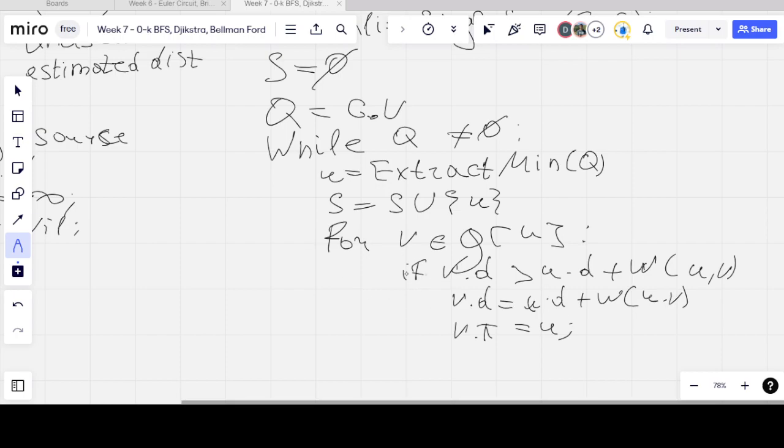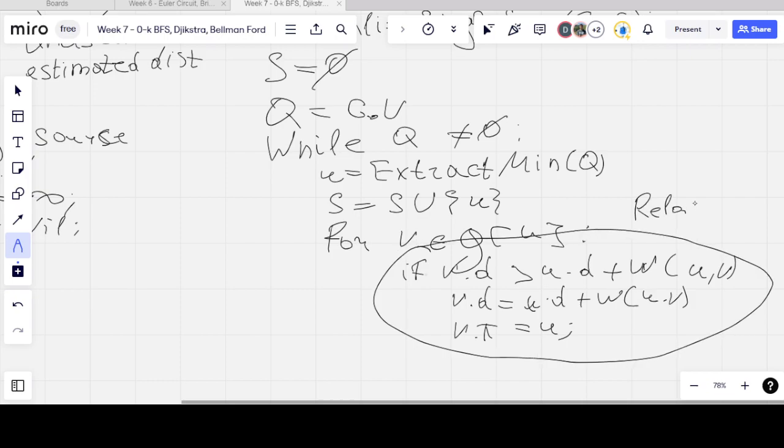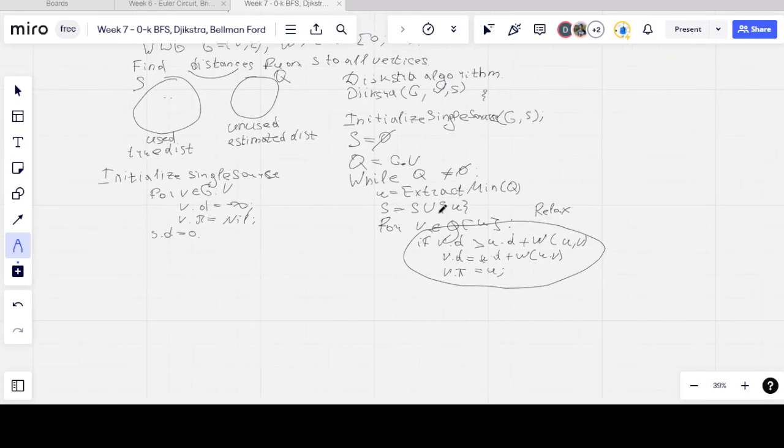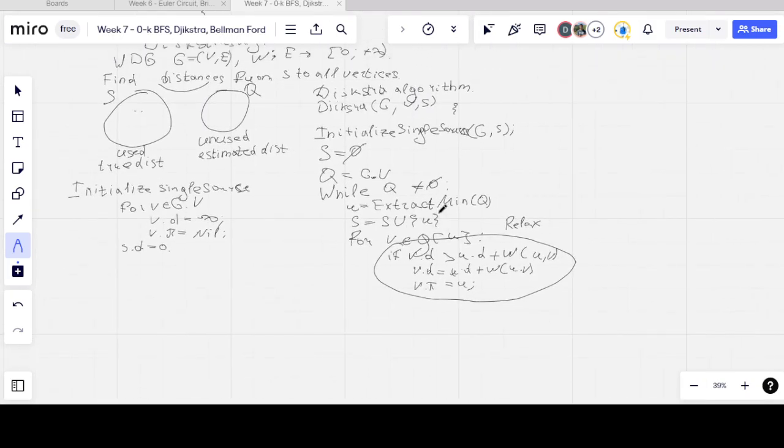This function we call relaxation. Very simple algorithm.